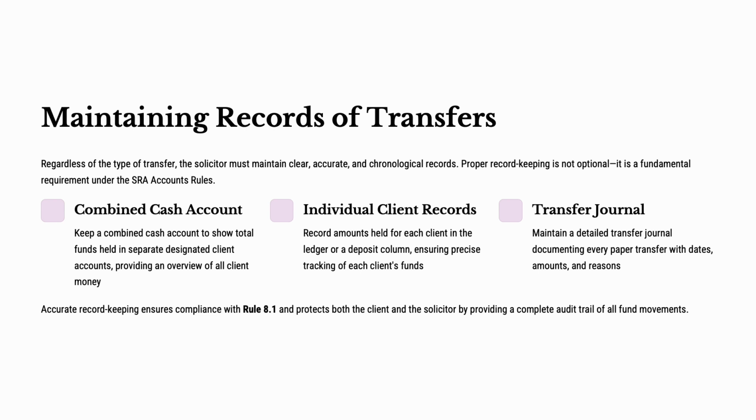Accurate, systematic records are the backbone of compliance and the solicitor's defense if questions arise. Messy books are not only confusing, they can be costly. In the property business it is location, location, location. In your law practice, it is compliance, compliance, compliance.